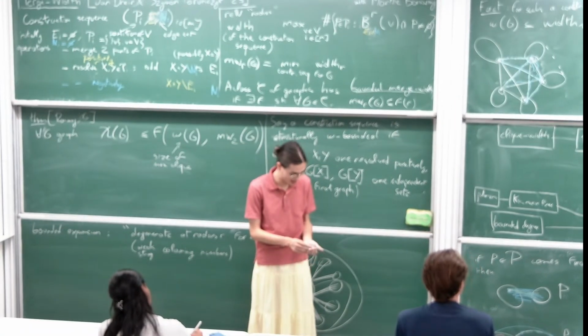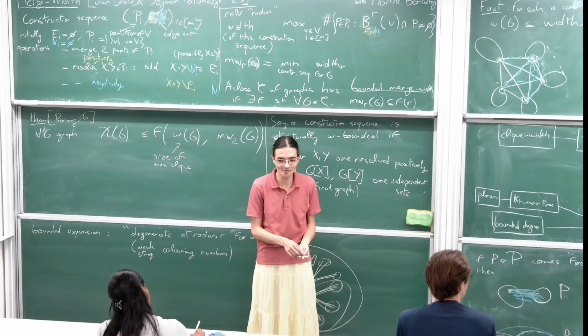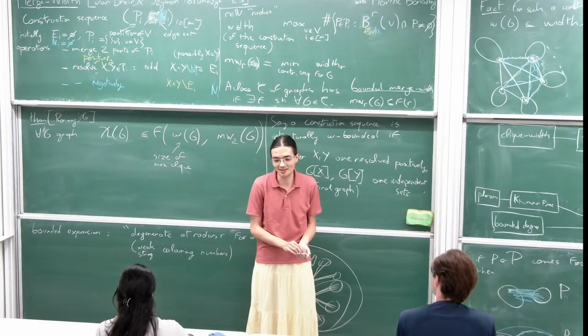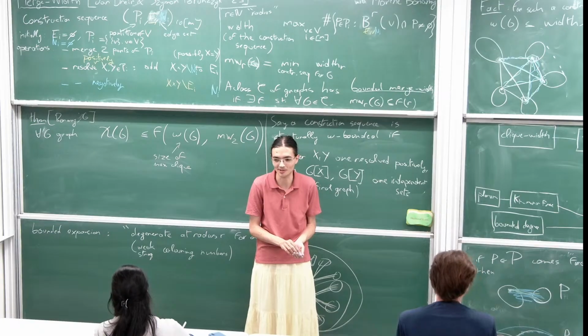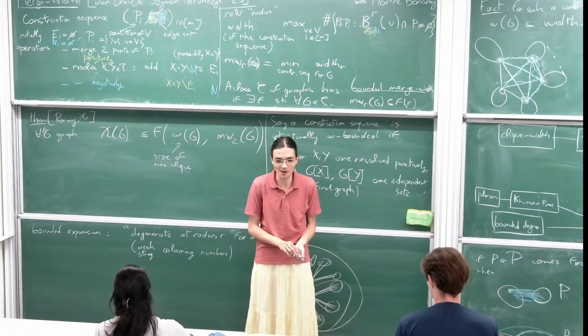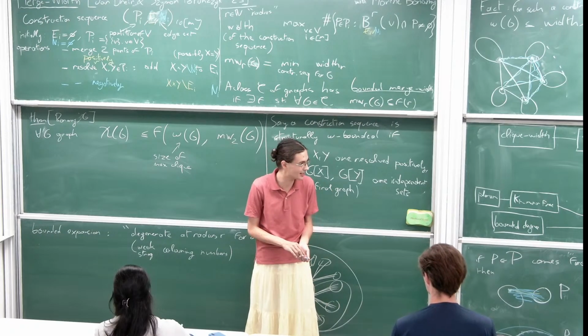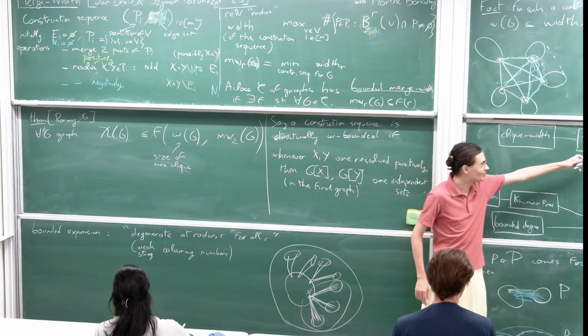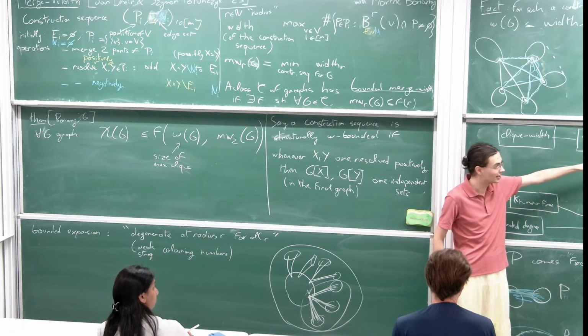The big question for merge width is, in general, how do you prove that something has bounded merge width? Because, okay, we did some simple examples, and for simple examples, you can just construct the construction sequence by yourself. But in general, that's not the right approach when you want to do hard things. Like for twin width, for instance, the definition of twin width is very similar.